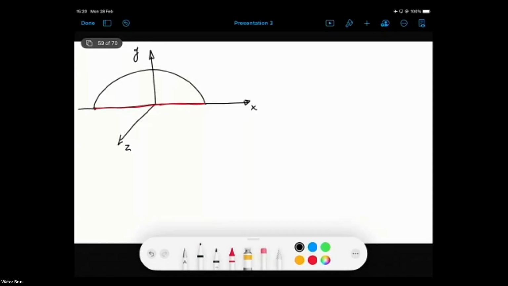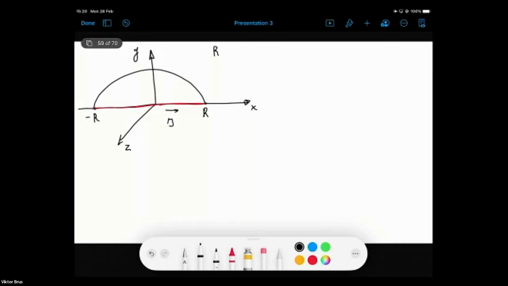We extend here axis x. The radius of this semicircle will be some capital R. So here will be coordinate minus R, and here will be coordinate R. Let us consider that there is some electric current flowing through this loop, because these conductors are connected, so they form a loop.